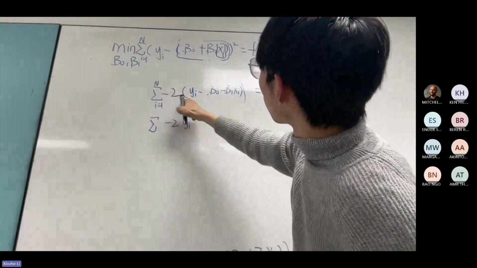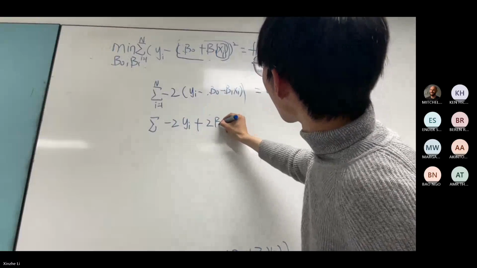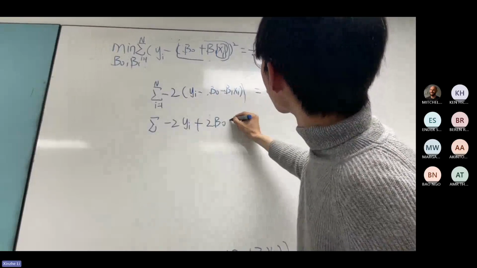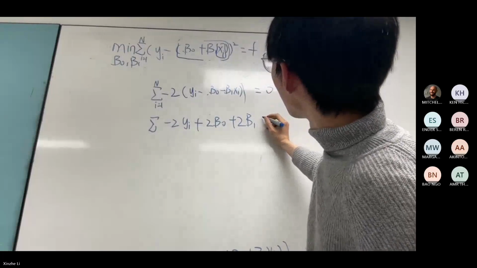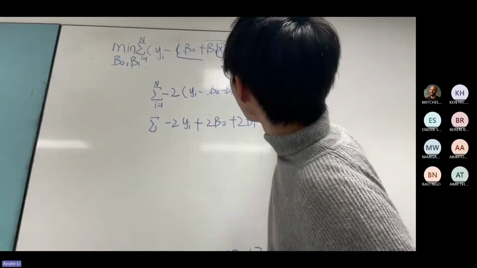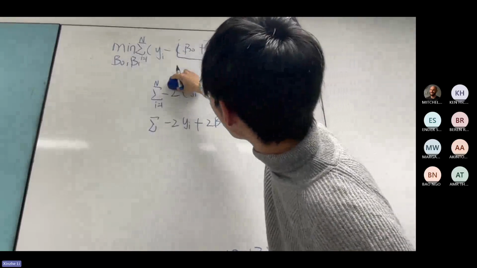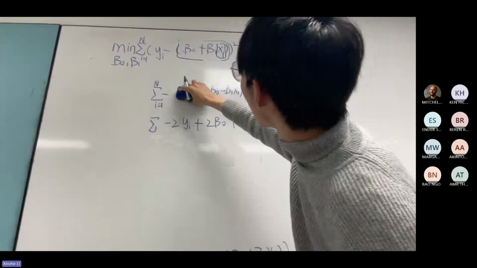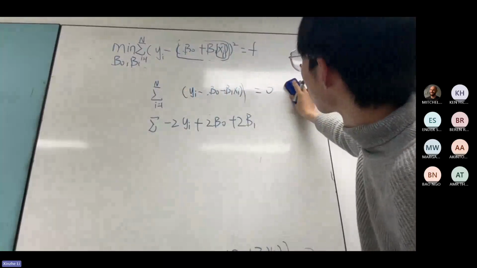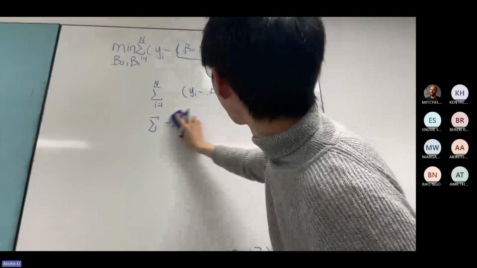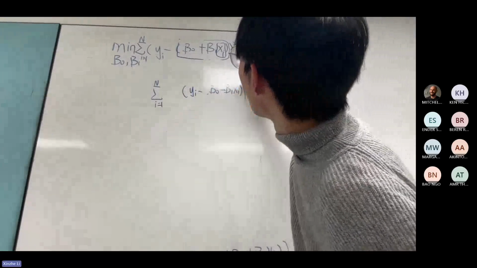I can directly eliminate the 2 because the right side is 0, and I can also eliminate the minus. So what we have is this. Then it would be easy.